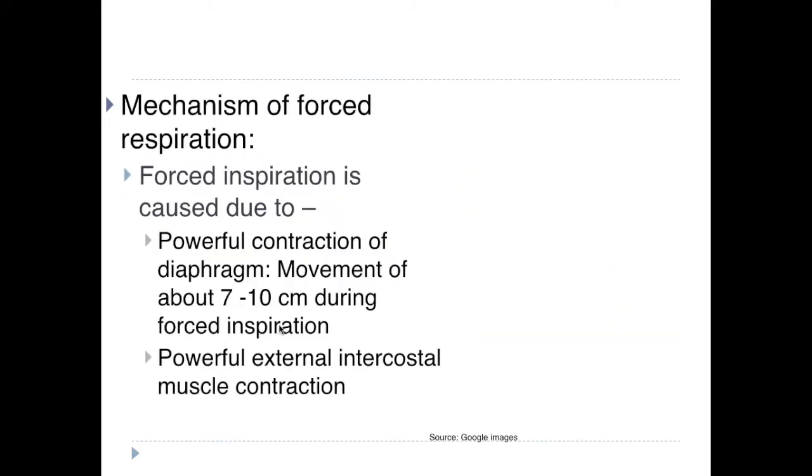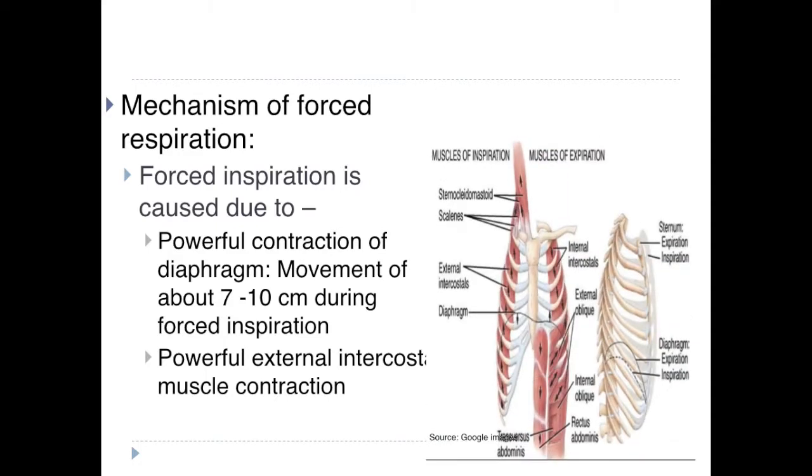Okay. Now we discuss forceful respiration. Forceful respiration also has two parts, forceful inspiration and forceful expiration. Forceful inspiration is characterized by forceful contraction of the diaphragm. The movement during diaphragmatic contraction is 7 to 10 centimeters during forceful inspiration, as compared to 1 to 1.5 centimeters during quiet inspiration.